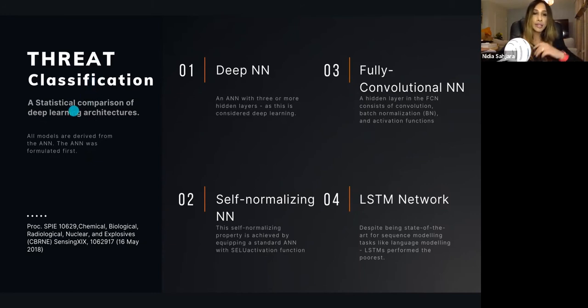They did a statistical comparison of deep learning architectures. It all started off with an artificial neural network, and after working that out, they developed 4 that they tested, to see which would suit the classification problem best.